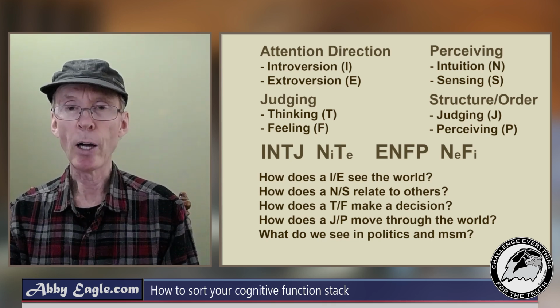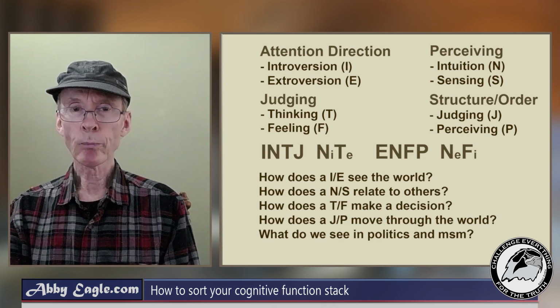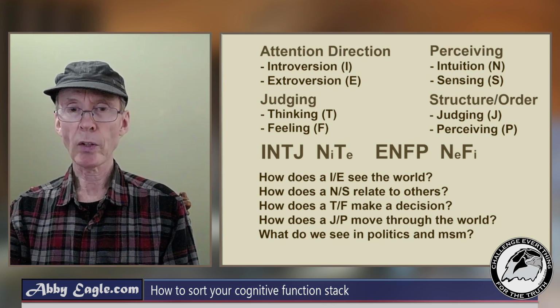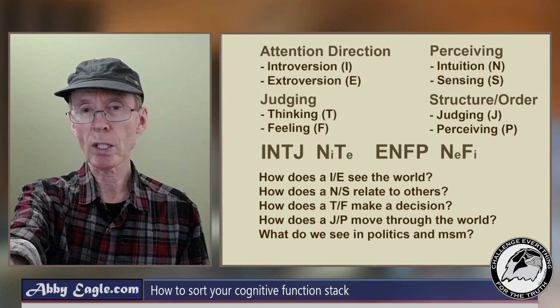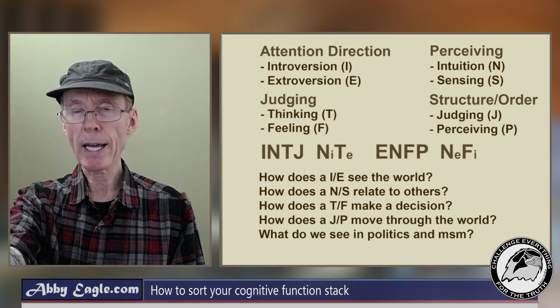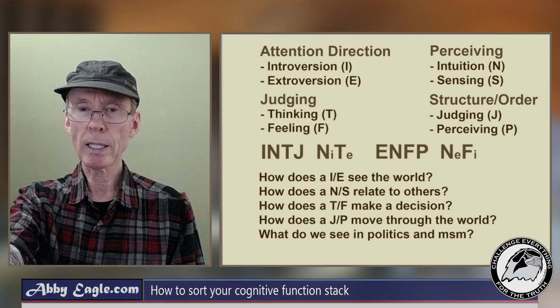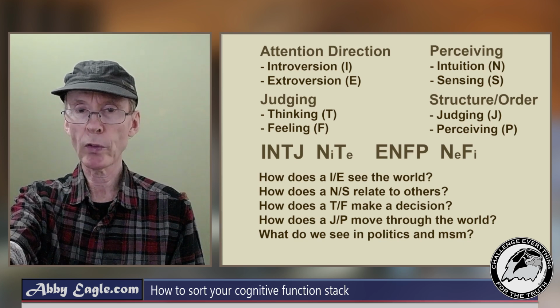Let's contrast that with an ENFP. So it's extrovert, intuitive, feeling, perceiver. So the perceiving function is going to be extroverted. That means the perceiving function is going to be NE, which means the judging function, feeling, is going to be introverted, it's FI.